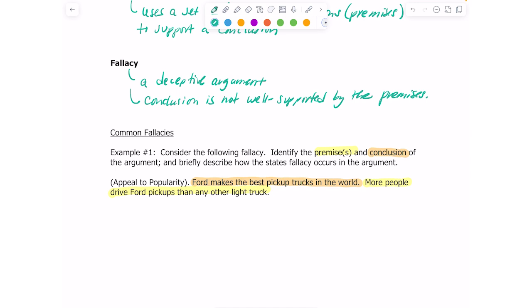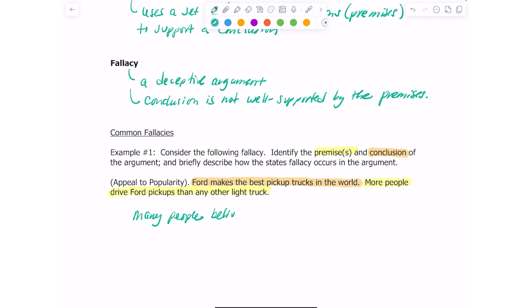So appeal to popularity is in this form right here, which is many people believe, we'll call the statement P, right?